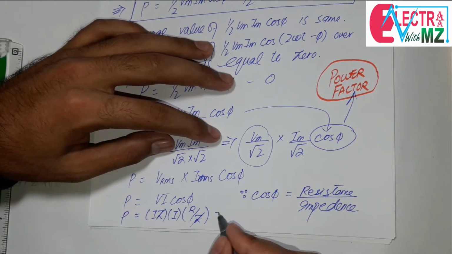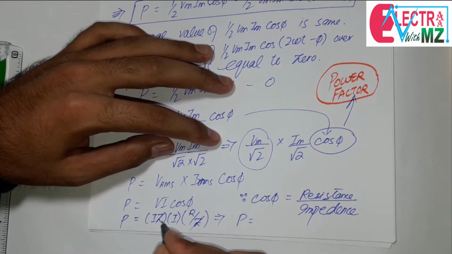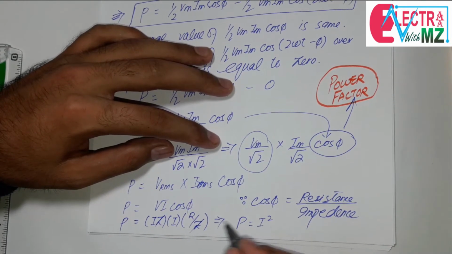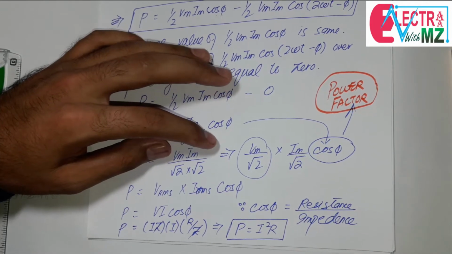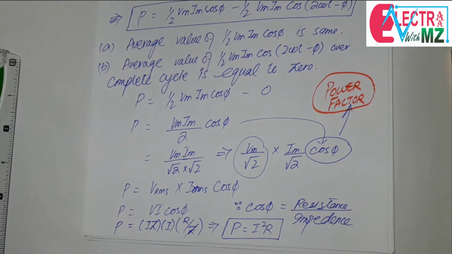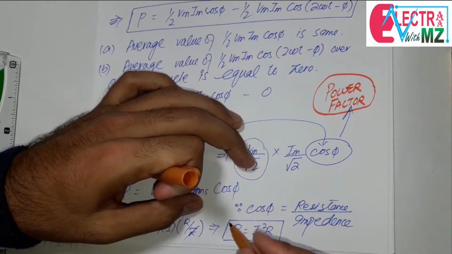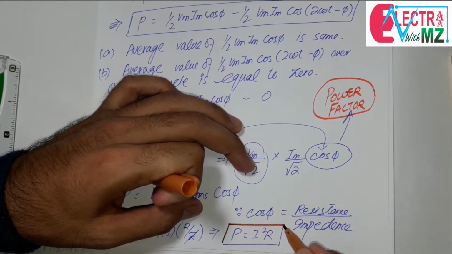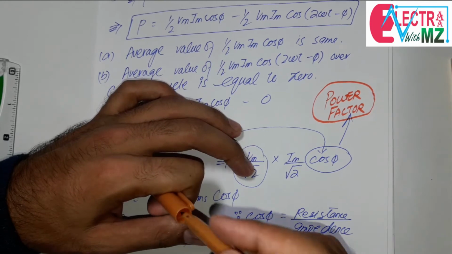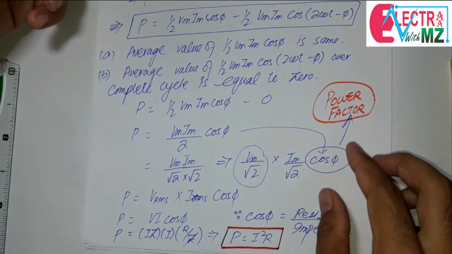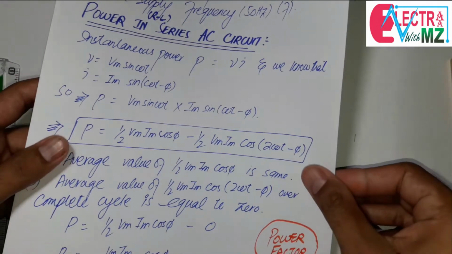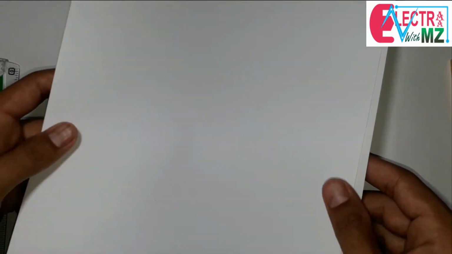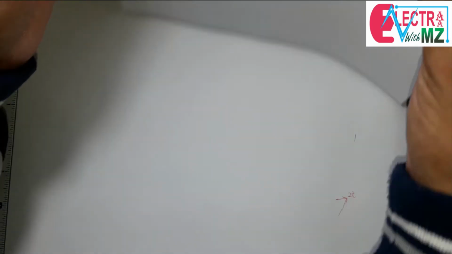So P is equal to I multiplied by I, that is I squared R. Now in the RL series AC circuit, power is only consumed in the resistive part of the circuit, and none of the power is consumed in the inductive part of the circuit.